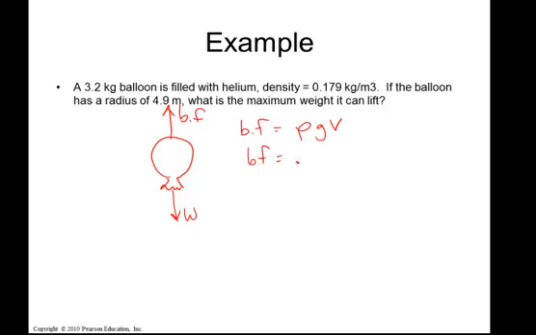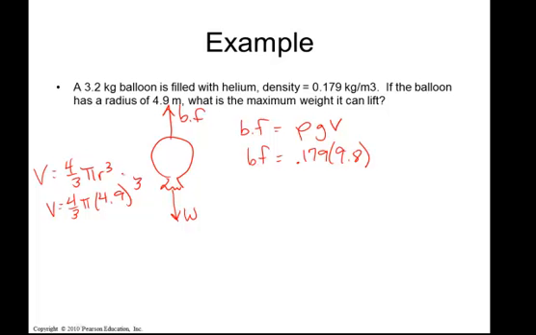Okay, so my density is 0.179, g is 9.8, and then I'm going to have to find my volume, and this is going to be the volume of a sphere, which is 4/3 pi r cubed. 4/3 times pi times 4.9 cubed.